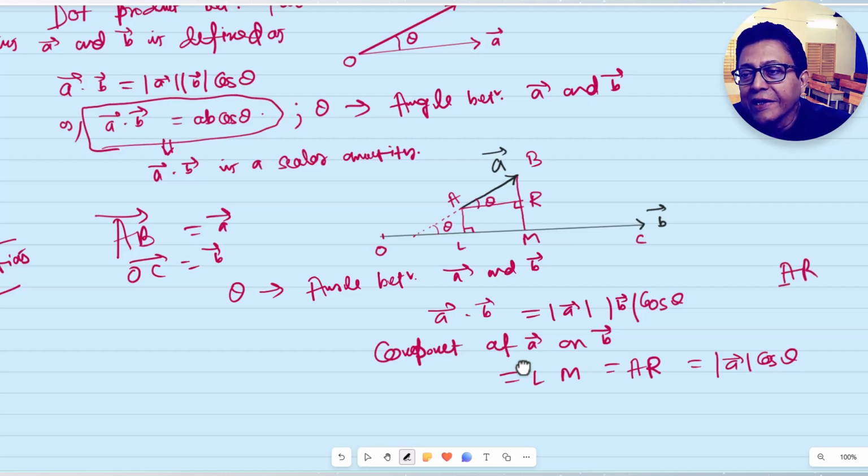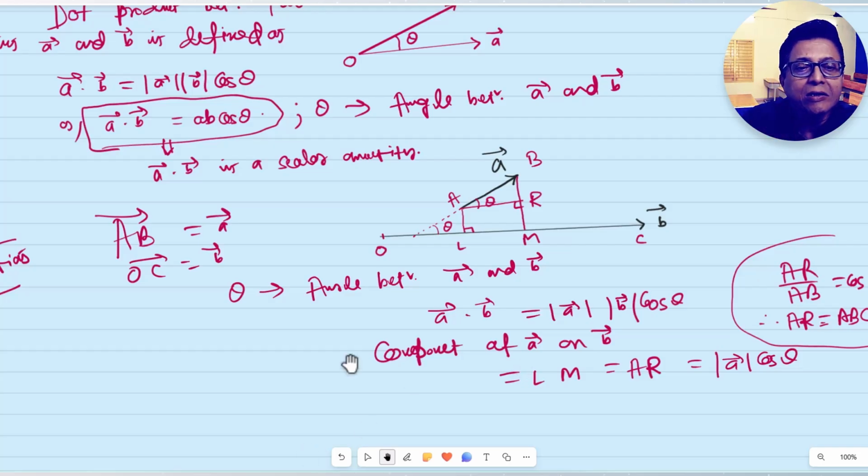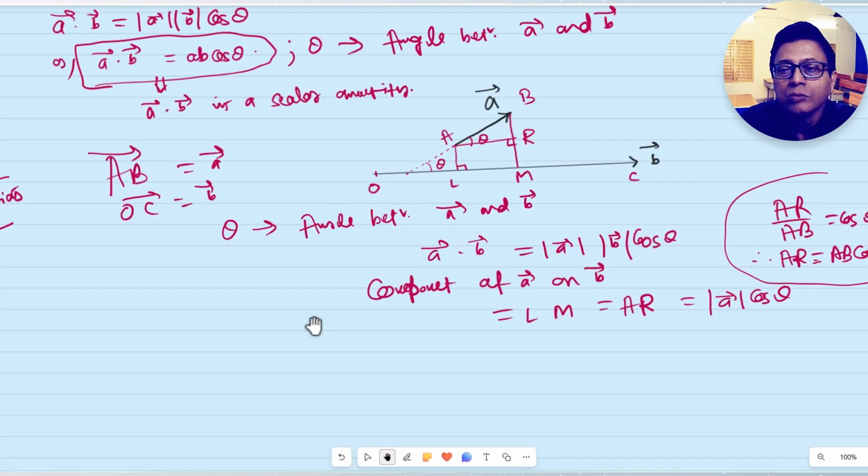Because AR by AB equal to cos theta, so AR equal to AB cos theta, so mod A cos theta. LM equal to AR, which is equal to mod A cos theta. So component of A on B is mod A cos theta.